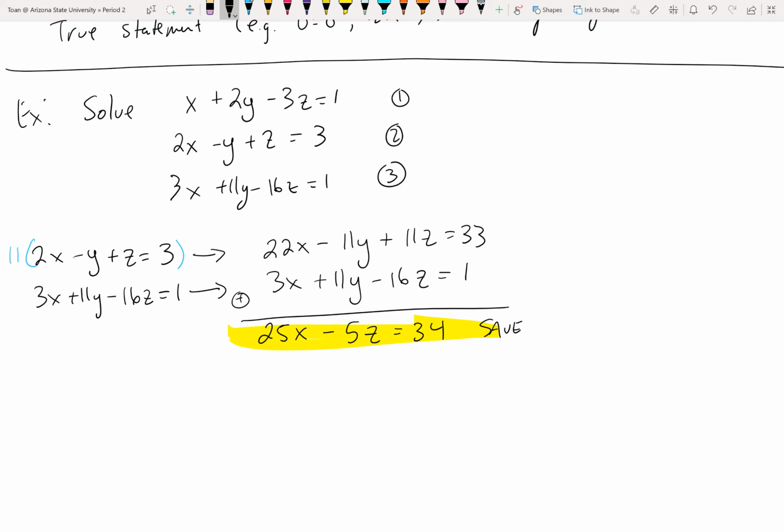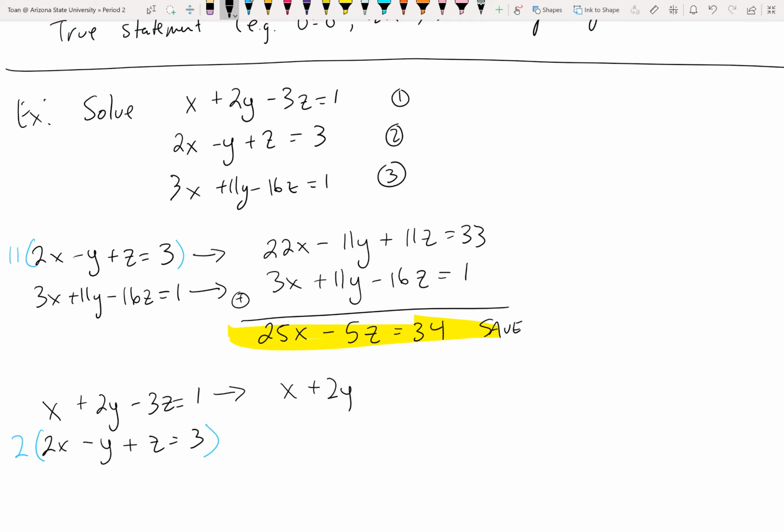1 and 2. 1 and 2 I heard. X plus 2y minus 3z equals 1. 2x minus y plus z equals 3. The second time we do this, we do not have a choice. We are forced to eliminate the y's. Hopefully it doesn't take a lot of thinking. Bottom equation by 2. First equation can stay by itself.